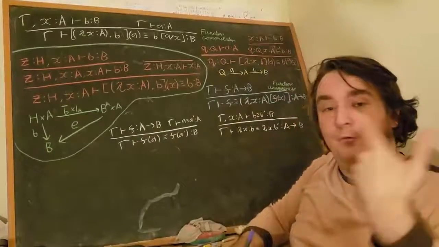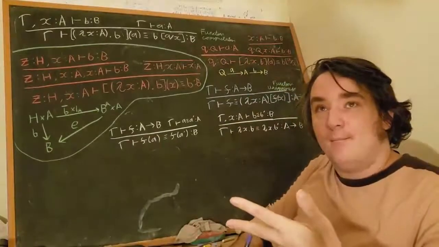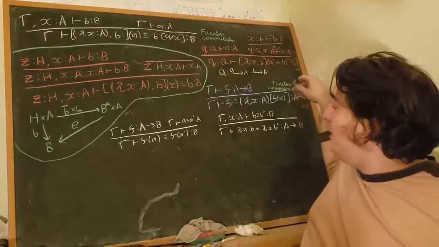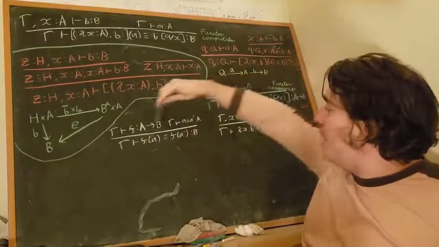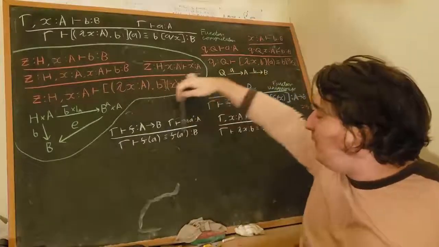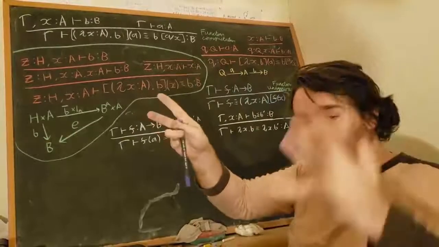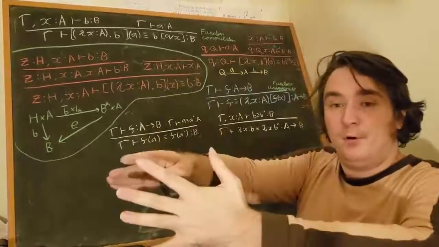And then we want some other ideas that should be kind of obvious. We want this rule here, which says that doing a particular function on two equal inputs will give equal outputs.